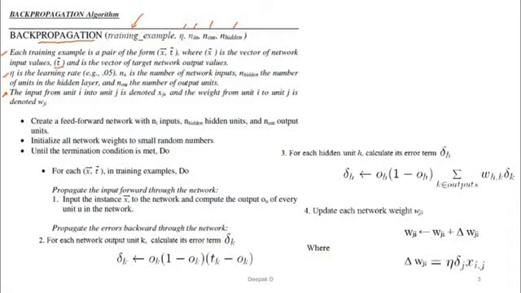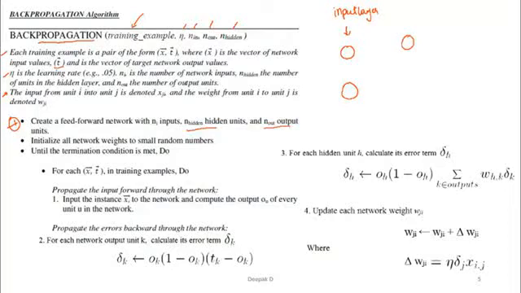Now let's see the first step. What is the first step? You need to create a feed forward network with n i, that is with n inputs, n hidden units and n output units. Let's consider a simple example here. I will take two input nodes, and this is called the input layer, and next one is hidden units.